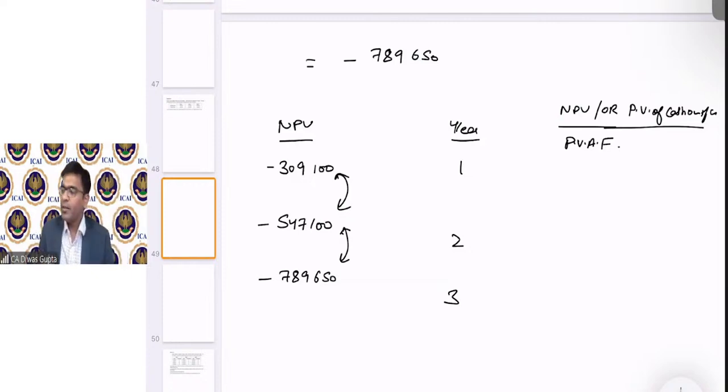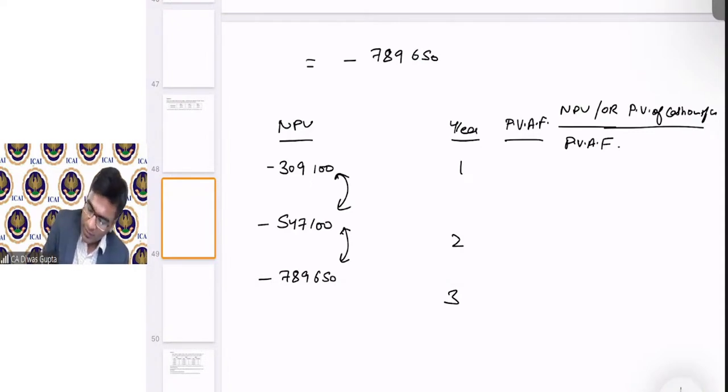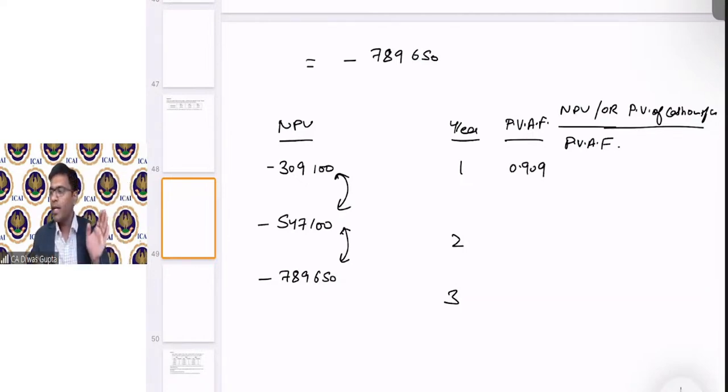Now, what will be the present value annuity factors for, let's say, year one, PVAF, that I think all of us know, right? 1 divided by 10%, which is 0.909. Then for the second year, it will be for year one and year two put together, which is 0.909 plus 0.826, which is 1.735.